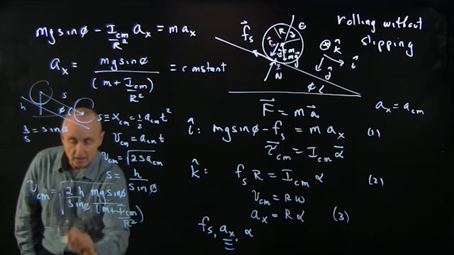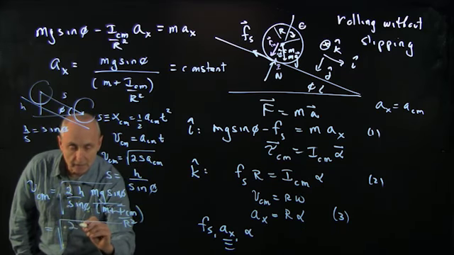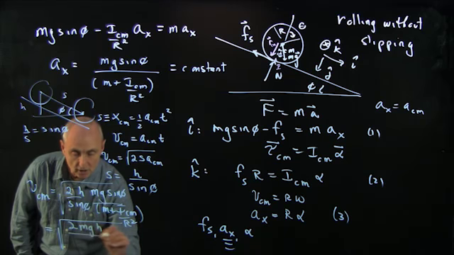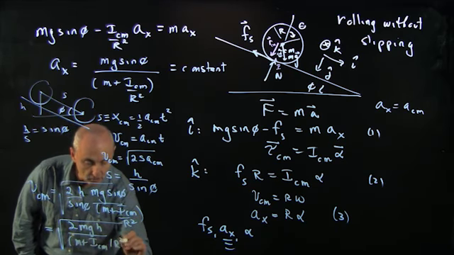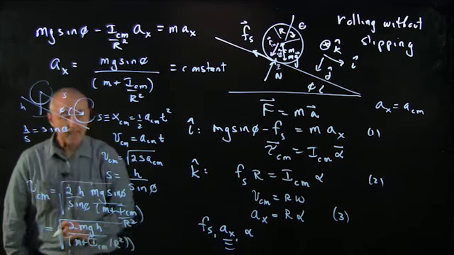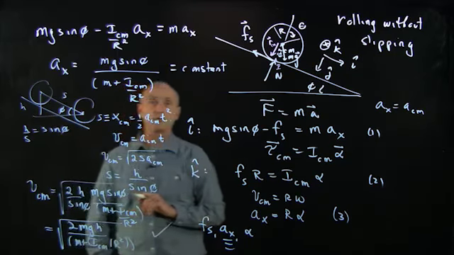And so we get the square root of 2mgh over m plus Icm divided by r squared. And this agrees with our energy method.